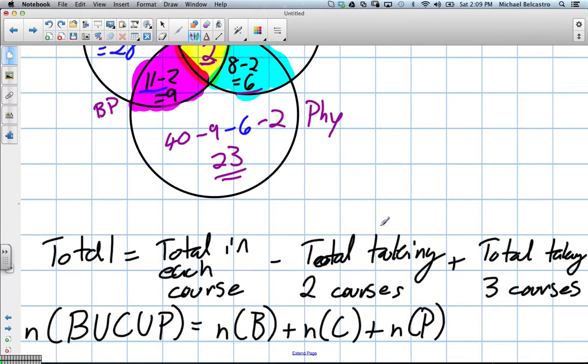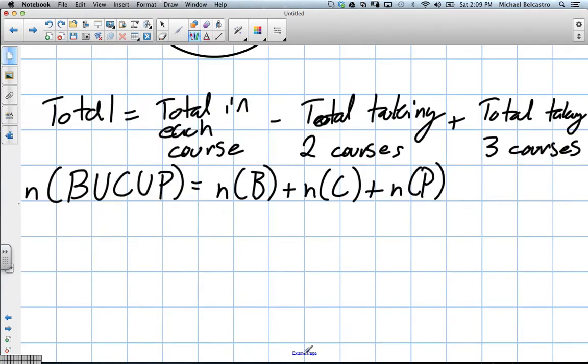In our inclusion and exclusion statement, if we're trying to find the total number of people, so that 131 which we had just found, we're going to be taking the total in each course, which is total people taking bio, total people taking chem, total people taking physics.